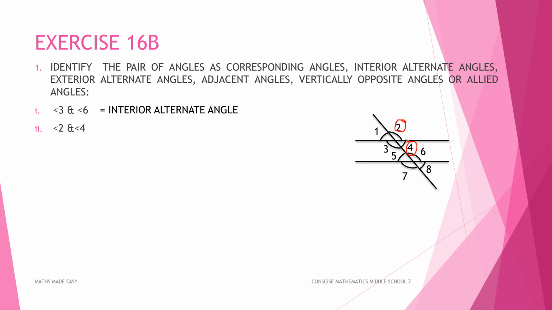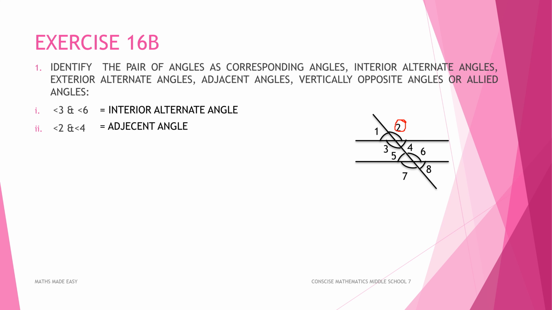So it might be adjacent angle, right? Because it is just nearby, next to each other. So this is adjacent angle. Even in this way, you can remember it. I'm just telling an easy way to remember it, right?